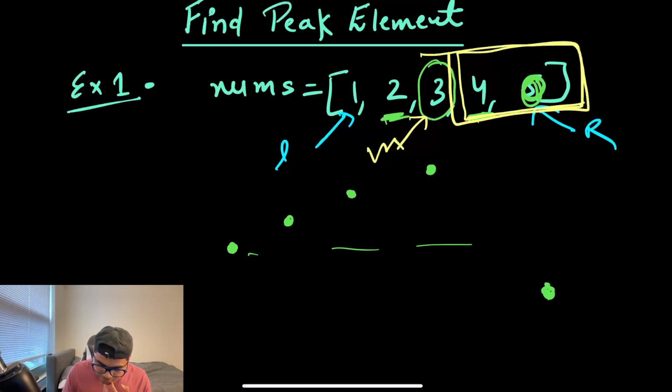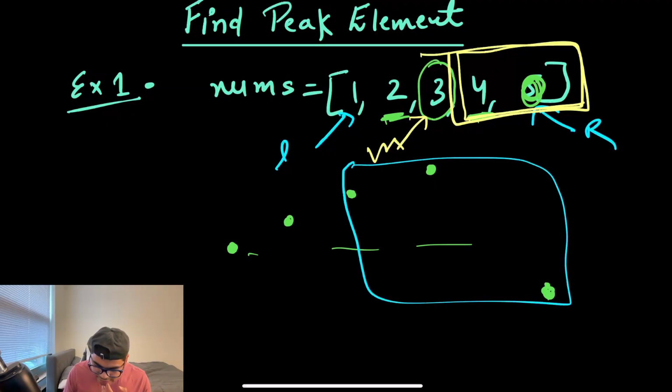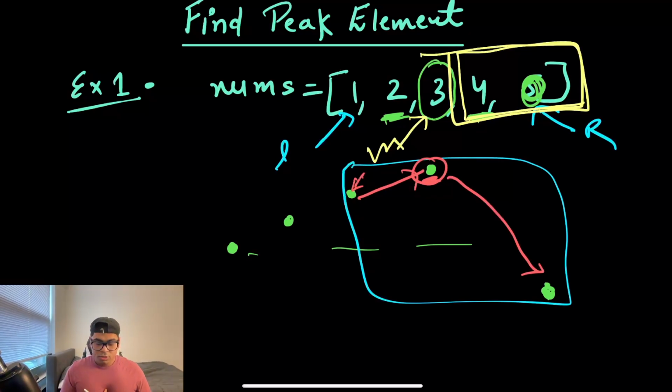So now you see, if I'm going on to the greater neighbor side, I see the graph goes like this. If I'm choosing to go this side, then this element is greater than the middle, and this is greater than the next element. So there will be two scenarios.